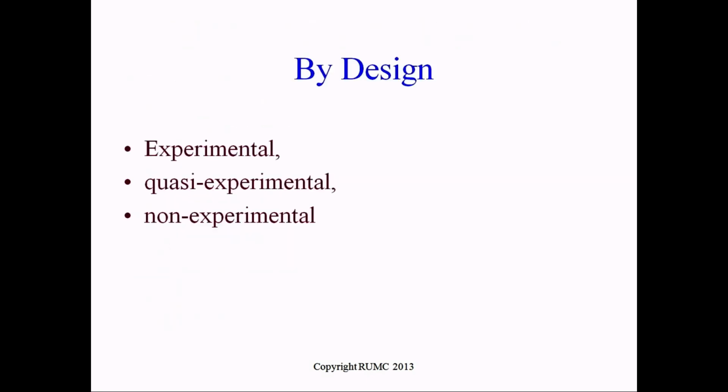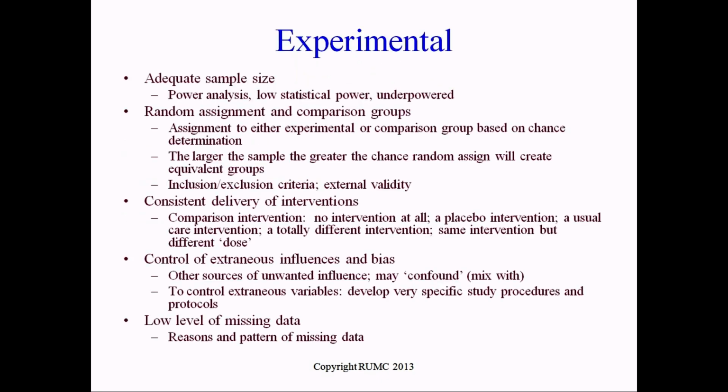So first we're going to look at by design, which is experimental, quasi-experimental, or non-experimental. Okay, experimental designs really have 5 key features that you should keep in mind. One is adequate sample size.